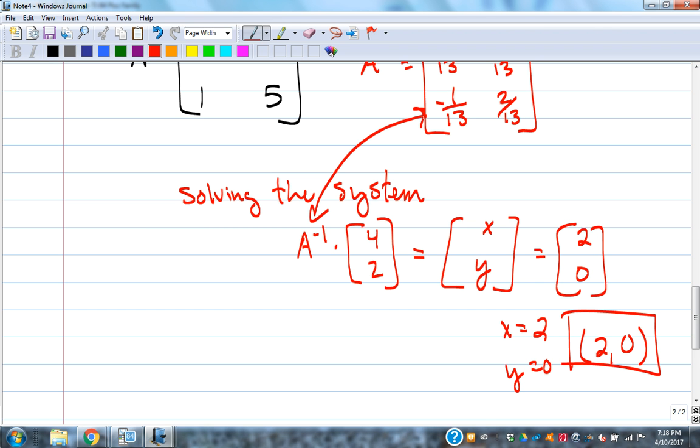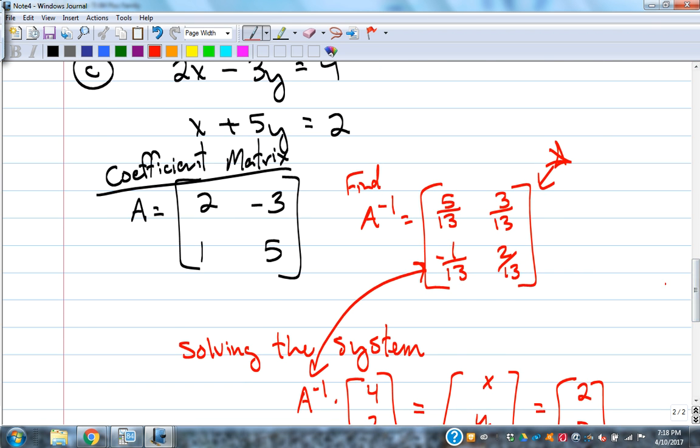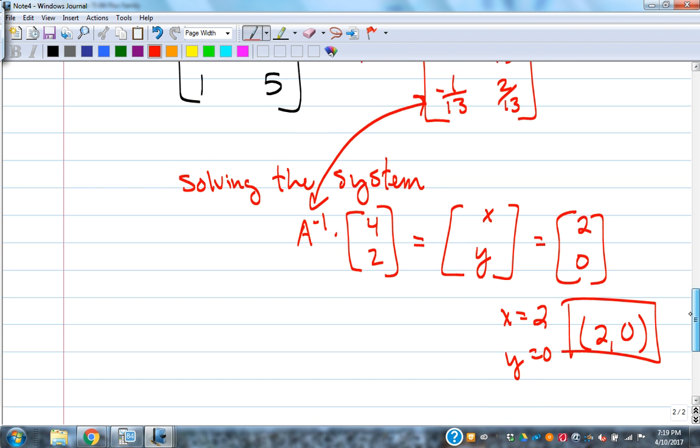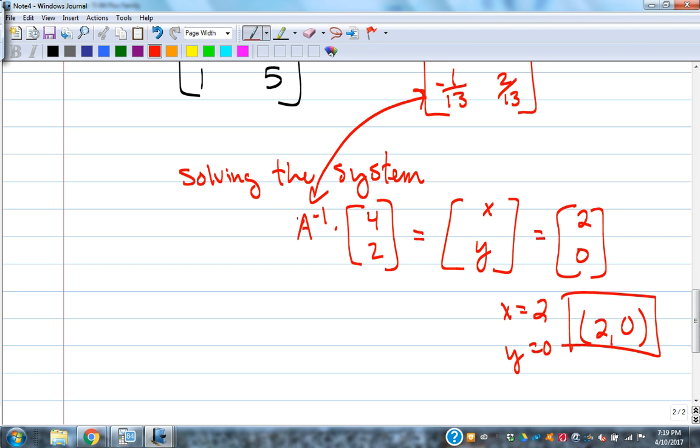I'm multiplying it times this stuff, a matrix that has 4 and 2 in it, just a 2 by 1 matrix. 2 rows, 1 column. What the equations were equal to. When I multiply that inverse times those two, it's going to give me my X and my Y. And that's what this was, the X and the Y.